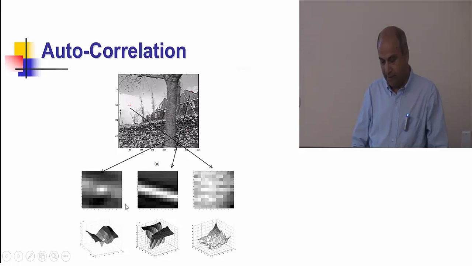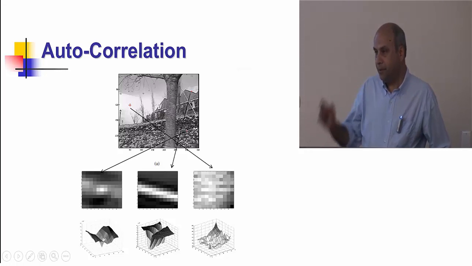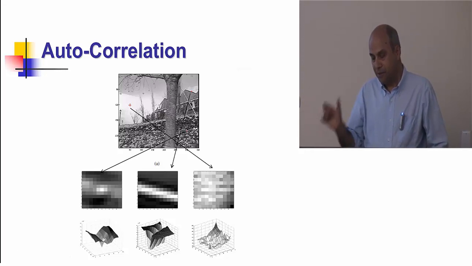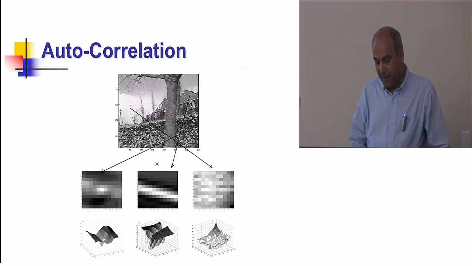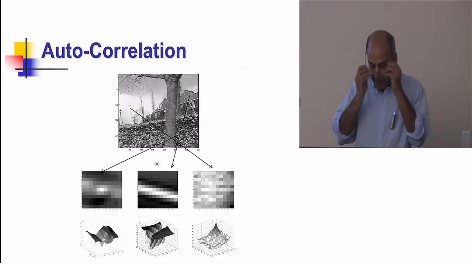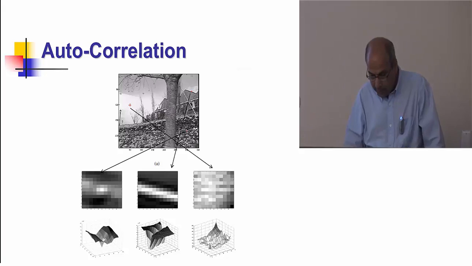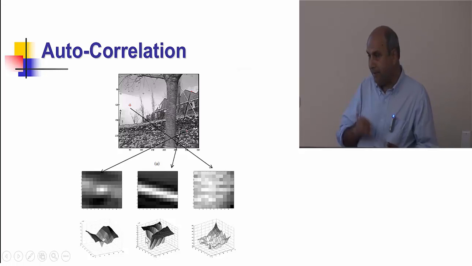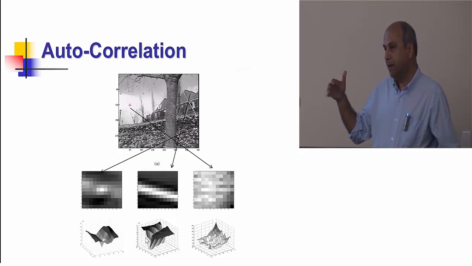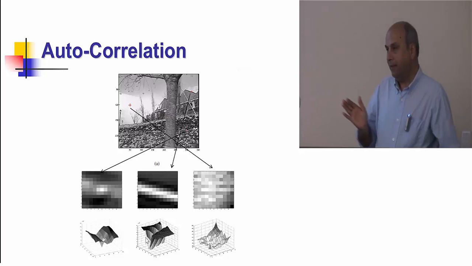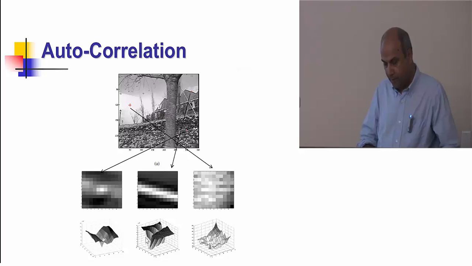This is a 3D plot, and these are the autocorrelation surfaces using that little shift. This one, we are shifting around the edge, so this surface does not have any unique maxima or minima. It's flat. We don't know where the maximum or minimum is. That's a problem. We should not use that.